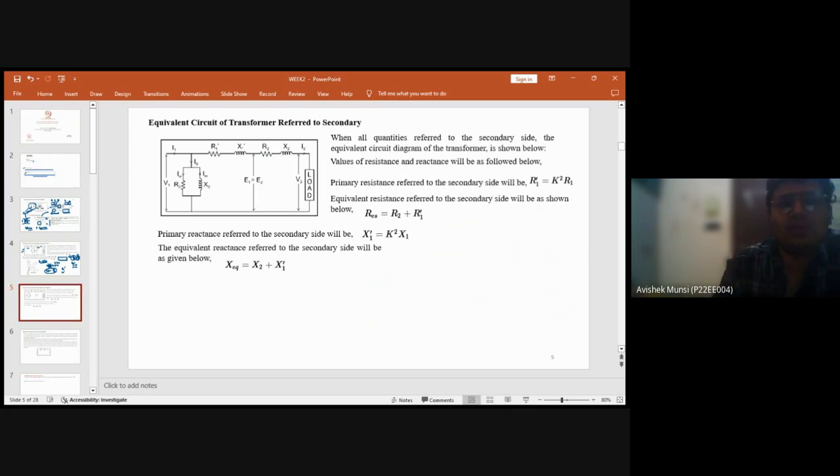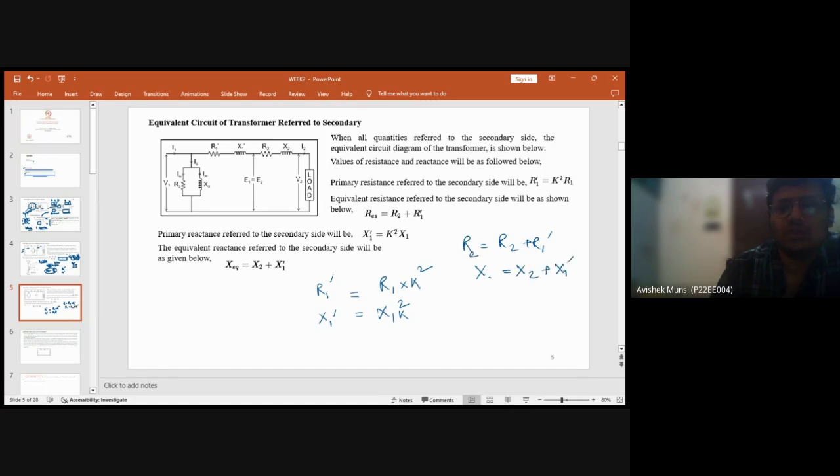Similarly, if we are referring the primary resistance to the secondary side, we can represent it as R1 dash and this as X1 dash. In this case, we have to multiply it with the turns ratio square. Here also you can see that the total resistance will be R2 plus R1 dash, and the total reactance will be X2 plus X1 dash.